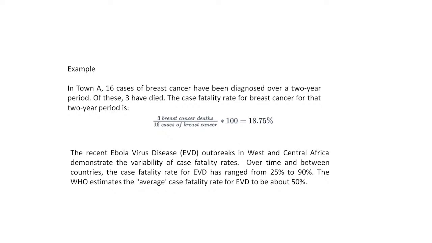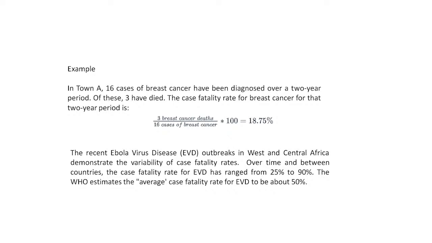The recent Ebola virus disease outbreaks in West and Central Africa demonstrate the variability of case fatality rates. Over time and between countries, the case fatality rate for Ebola virus disease has ranged from 25% to 90%.